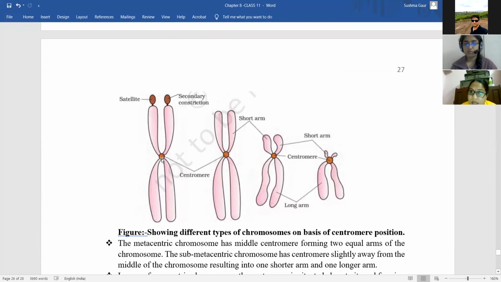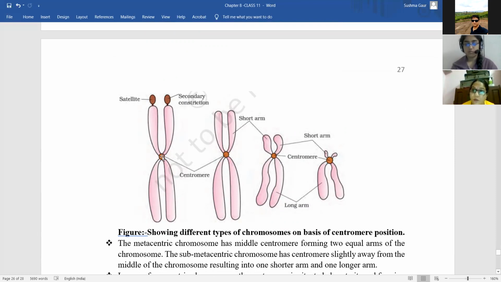Okay, this diagram of a chromosome is more clear. This is your one chromatid. This is your next chromatid, and this is the centromere. On the basis of the position of this centromere, they may be of 4 types.